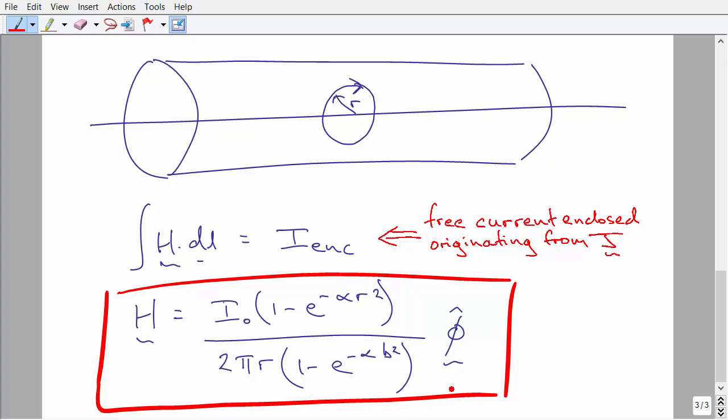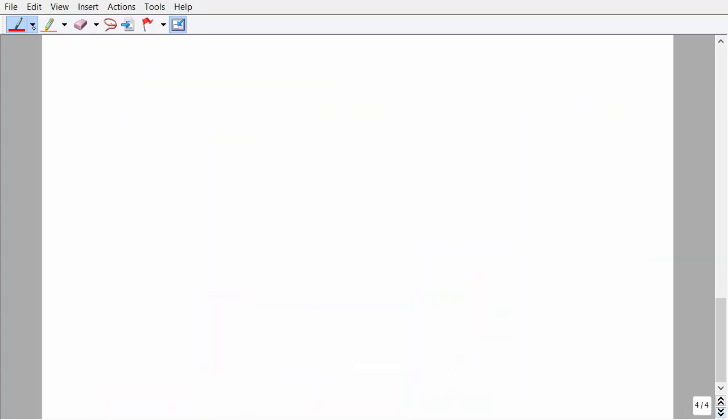All right, so at this point, we can calculate our equations for M and for B. So let's do that.